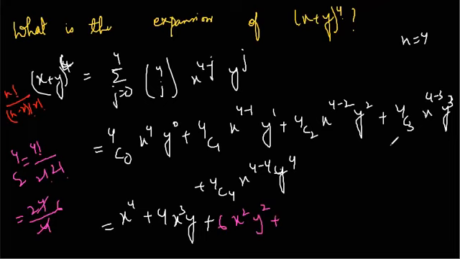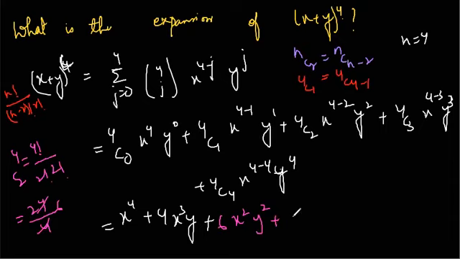Then again 4C3. If you remember, I have just said that nCr is equal to nC(n minus r). So 4C1 will be equal to 4C(4 minus 1), which is 3. So 4C3 and 4C1 values are equal, which are 4 each.